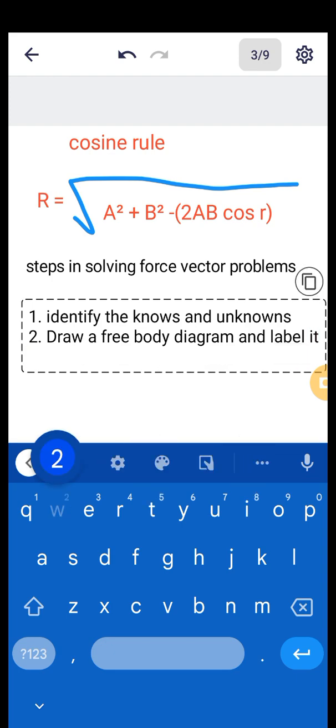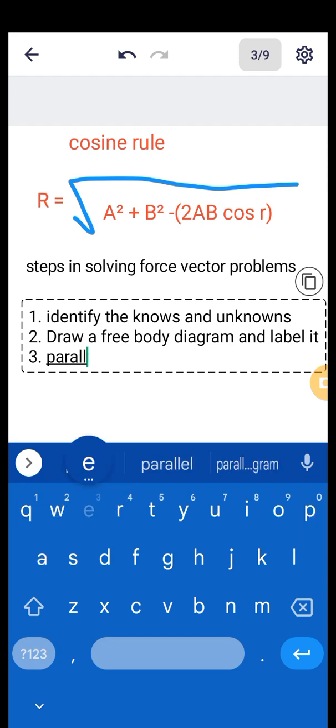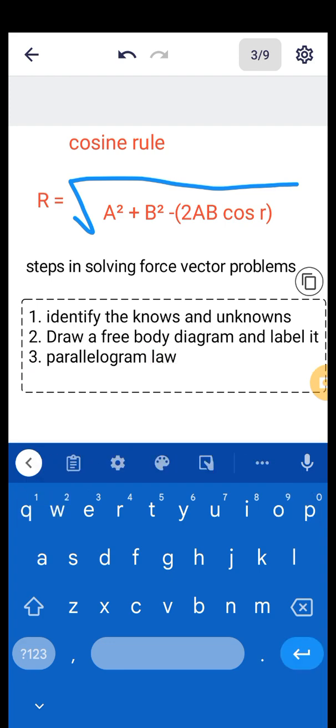Then the third one is that now you apply what? Parallelogram law. Then the fourth one is that you apply what? Triangle law.